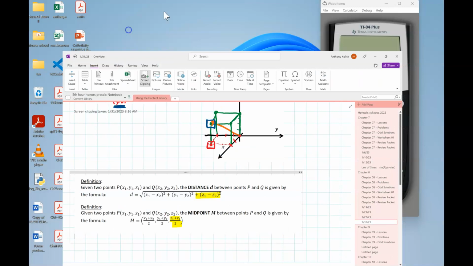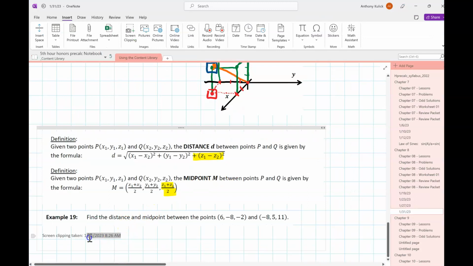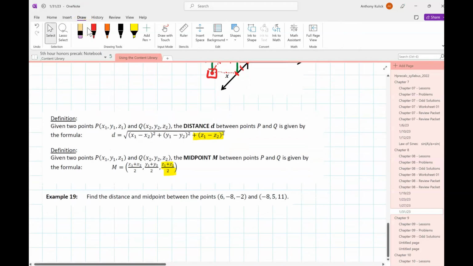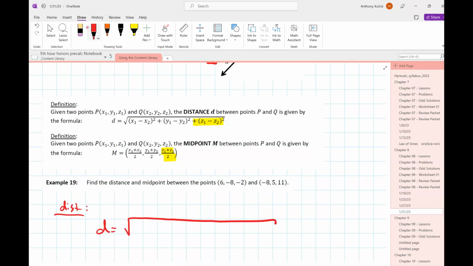So let's do one quick numeric example, and that's it for this section. So let's do the distance first. So the distance is going to be the square root of x1 minus x2 plus y1 minus y2 plus z1 minus z2.